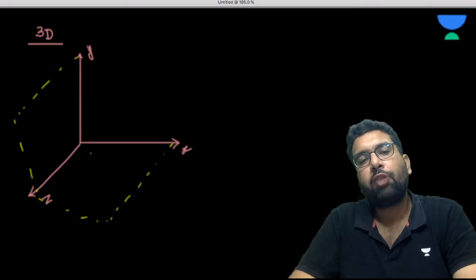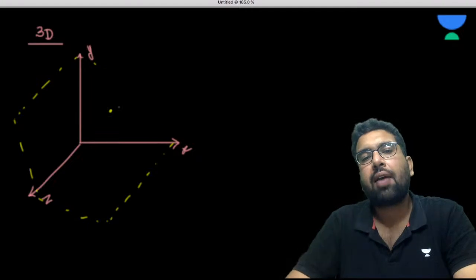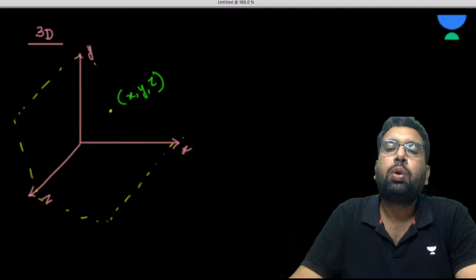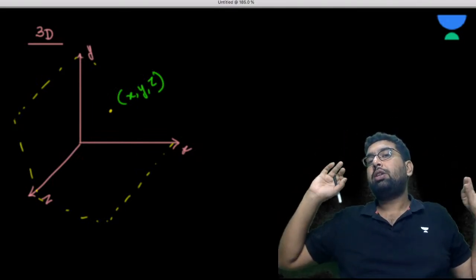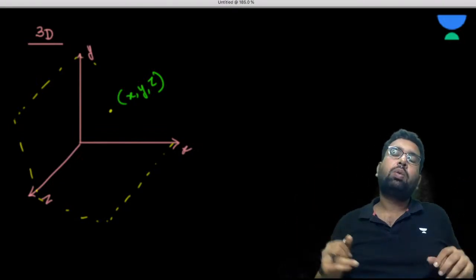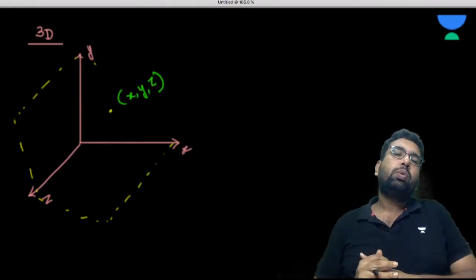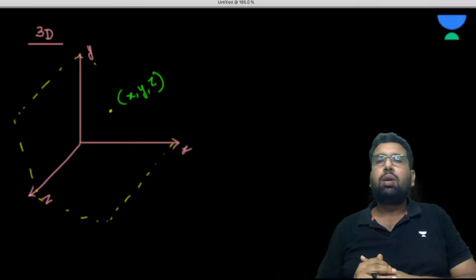Now, let's suppose some vector is here. Now imagine this in 3D. It is having coordinates in all 3 axes, let's suppose x, y, and z. Just try to imagine in 3D. For example, I always quote this: whichever room you are sitting in, just focus on the corner of it.